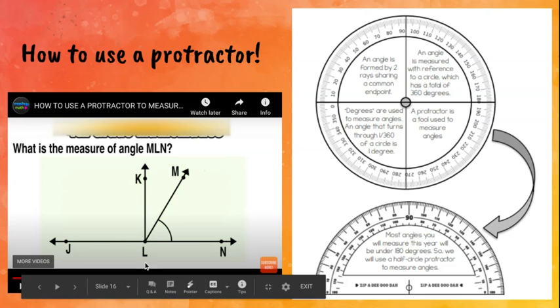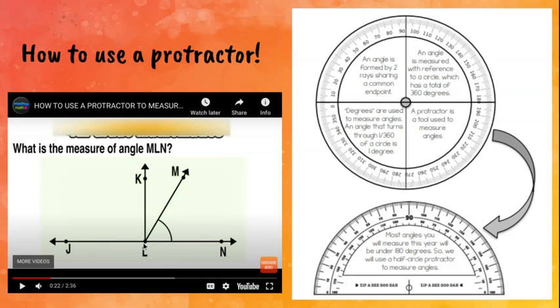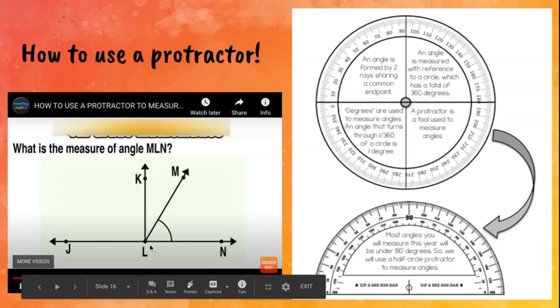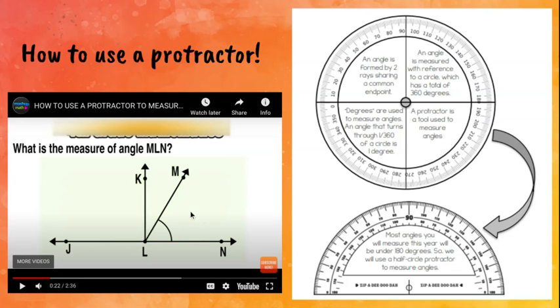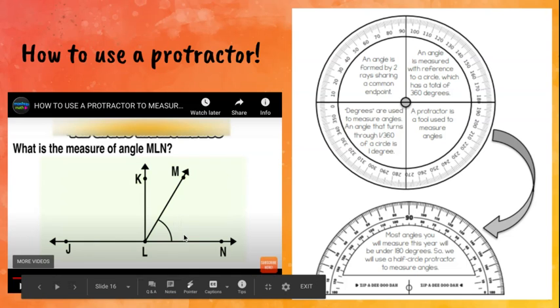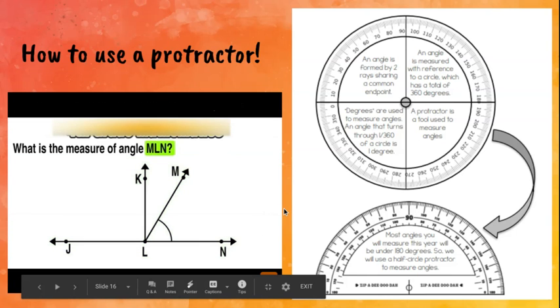And how we know it's an angle, we can see that circle in the middle that makes it an angle. It starts at M, the vertex is L, that point where the two rays meet, and then it ends at N. So we have M, L, N. They're trying to figure out how many degrees that is. So we're going to find out how to do that for a specific angle on the diagram.